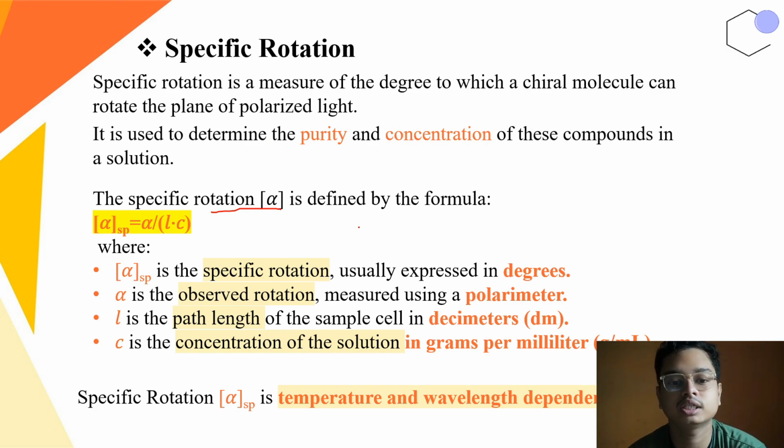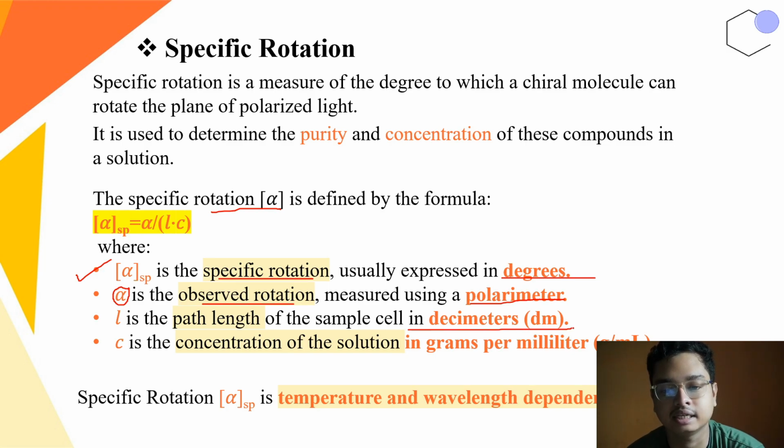Now the specific rotation can be defined by a simple formula: alpha specific equals alpha divided by L times C, where alpha specific is the specific rotation usually expressed in degrees, and alpha is the observed rotation measured using a polarimeter. L is the path length of the sample cell, and it is in decimeters.